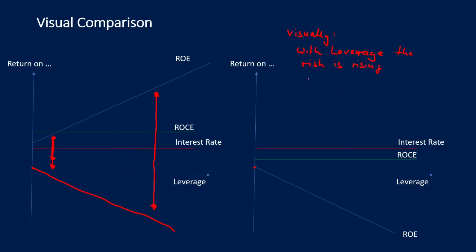We have to differentiate between the operating risk and the leverage risk. Of course, the leverage risk levers the operating risk, just like the ROCE is levered, or the ROE is levered, the risk is levered too. I would like to show you this in mathematical terms.